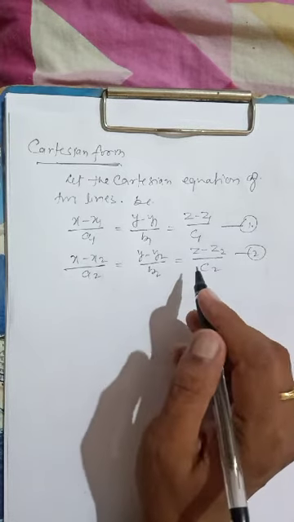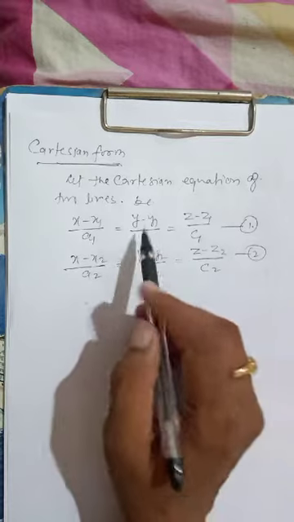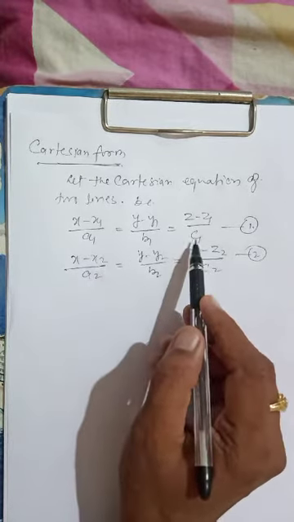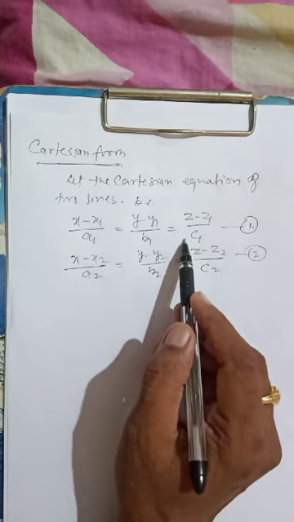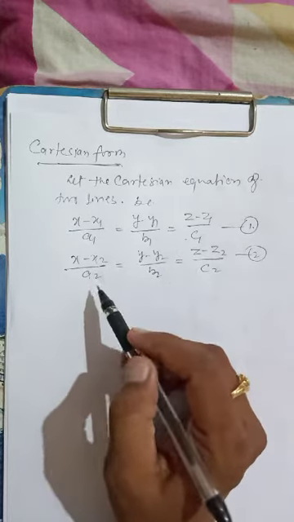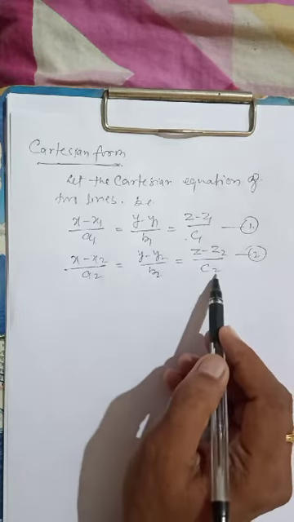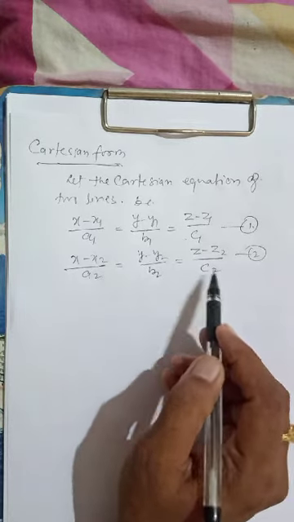So the direction ratios of line 1 are proportional to a1, b1 and c1, and direction ratios of line 2 are proportional to a2, b2, c2.